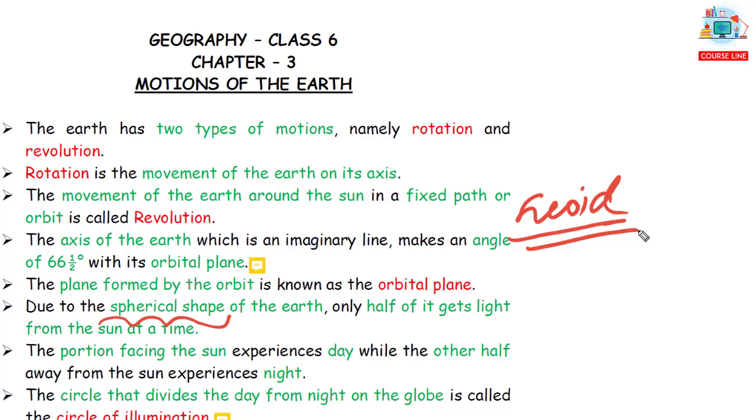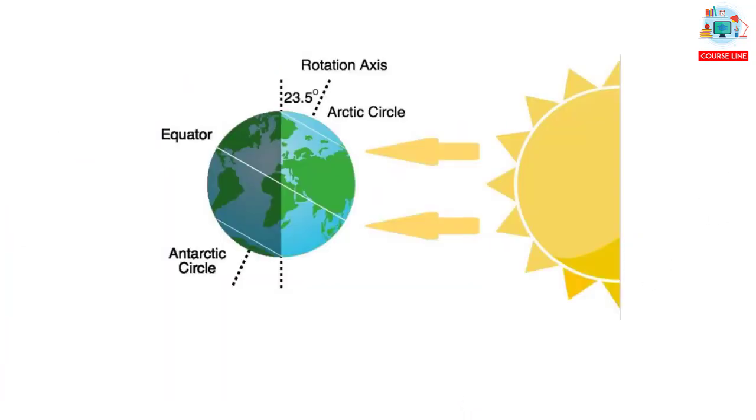Only half of it gets light from the sun at a time. Okay, let's observe this. This is our Earth's axis, and sun rays are coming in this direction.